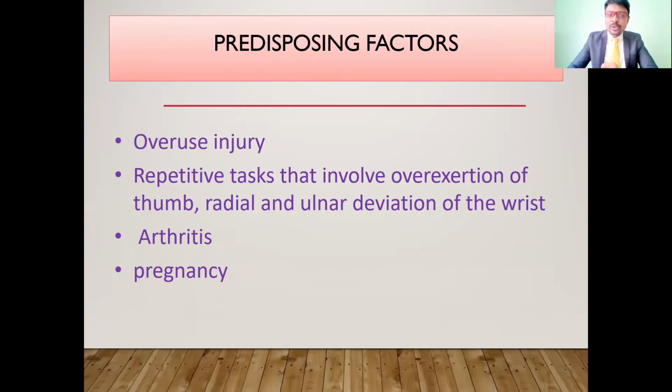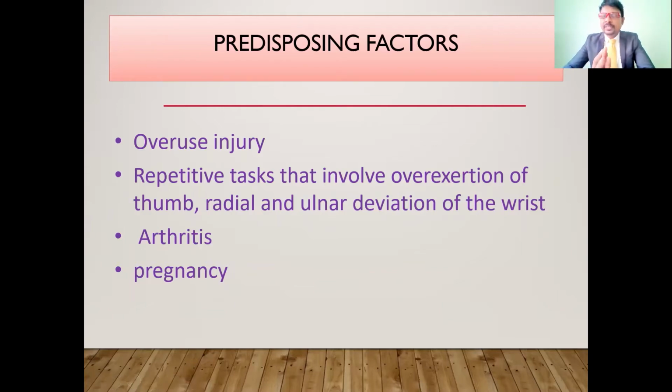Those people are going to get de Quervain's syndrome, also called tenosynovitis. Also repeated tasks that involve overextension of the thumb and radial and ulnar deviation of the wrist, for a long time, and also arthritis, and also pregnancy.